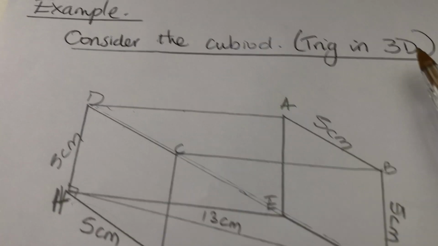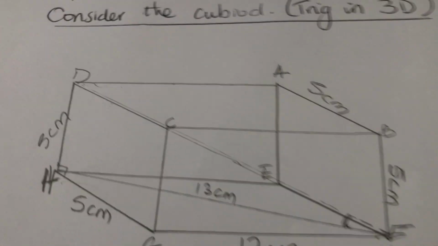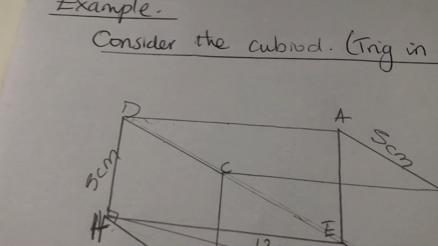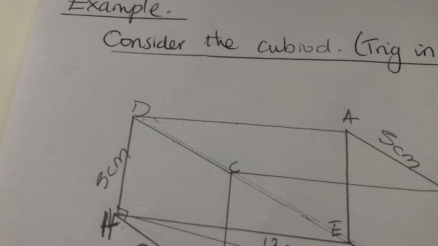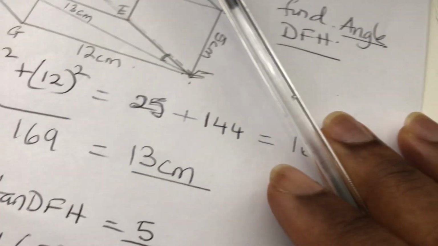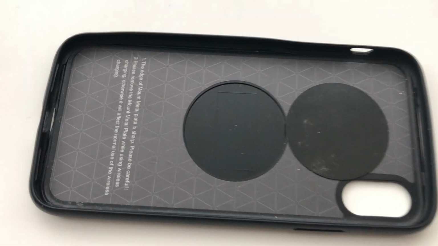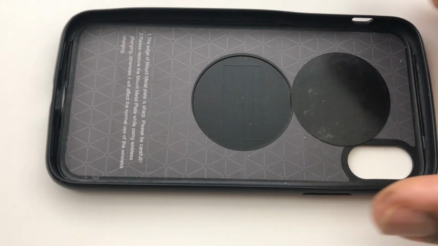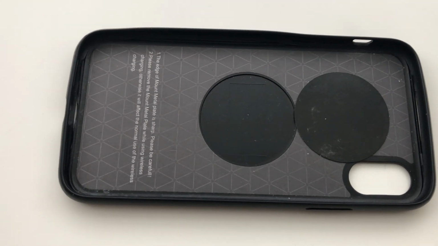Now our third example is trigonometry in 3D. So before I share that with you, I'm going to show you something. Assuming this is a cuboid, look carefully. I was looking for a proper box, but I didn't find it, but this will do.